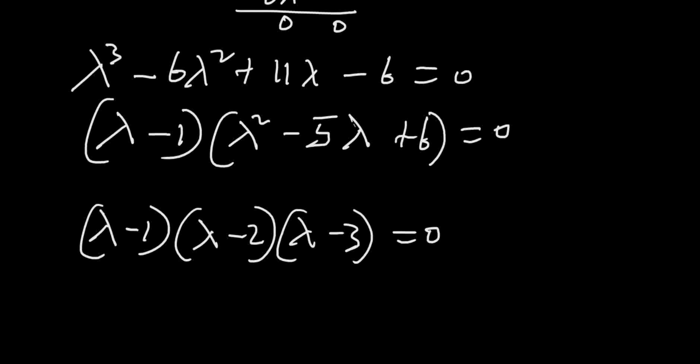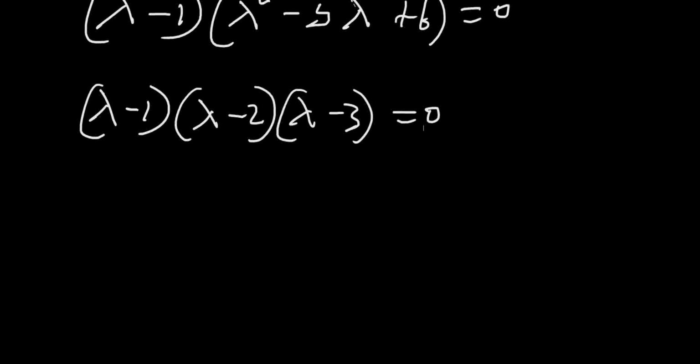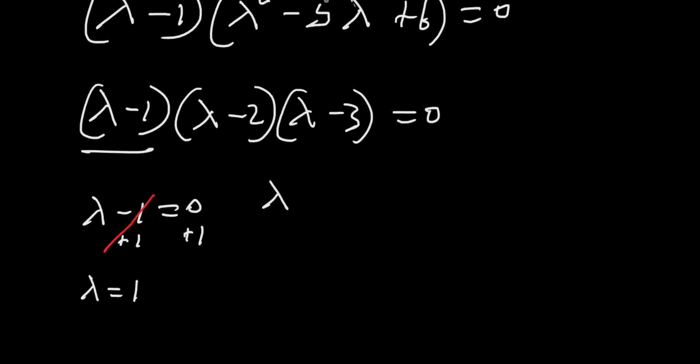Good. So now we can set each of the factors to 0. So lambda minus 1 is equal to 0. So now add 1 to both sides. Negative 1 plus 1 is 0. So this will just cancel. And we now have lambda on the left, and this is equal to 0 plus 1, which is 1. And also we have lambda minus 2 is equal to 0.